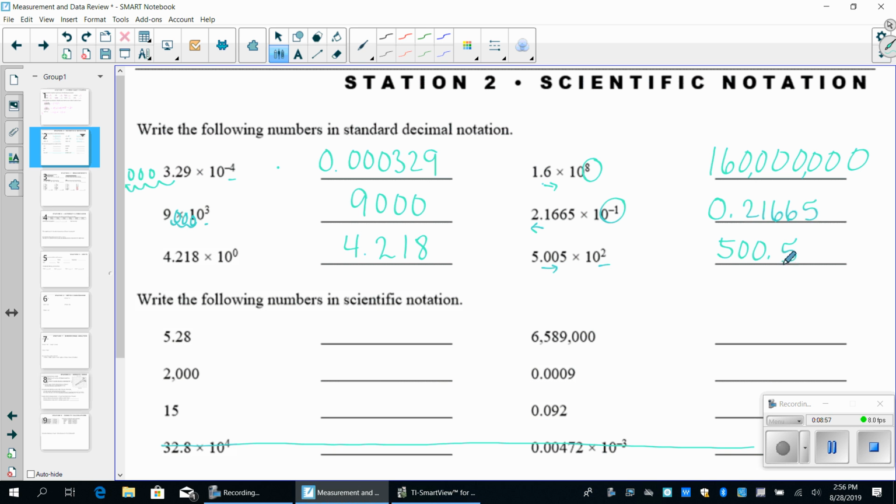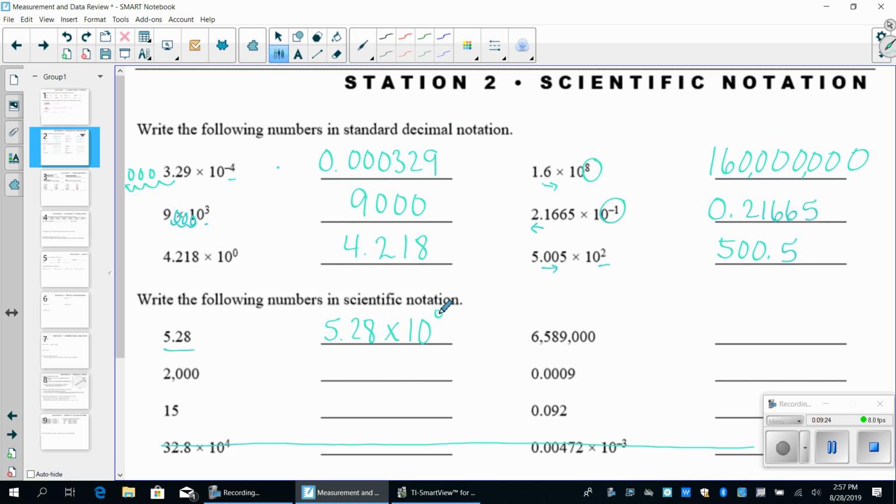Now, putting into scientific notation, you always want to have one place only in front of the decimal point. And then you're going to tell with your exponent what you would do with that decimal to get it back to its original location. Since this has already got one number in front of the decimal, you're just going to write it times 10 to the 0 because you wouldn't change that.